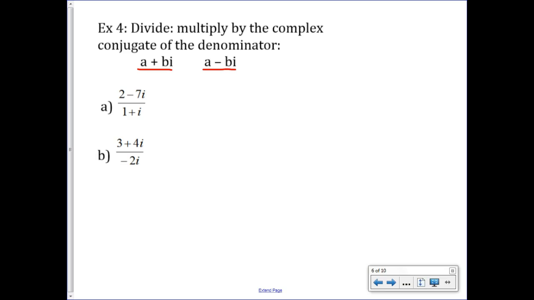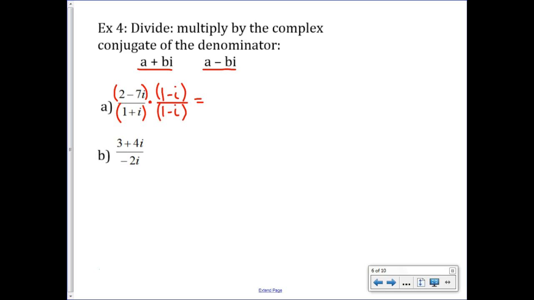So in this case, we have 1 plus i. We are going to multiply by 1 minus i in both the numerator and the denominator. And then we're going to multiply straight across the numerator, and we'll multiply straight across the denominator, and that will get rid of the imaginary number in the denominator.